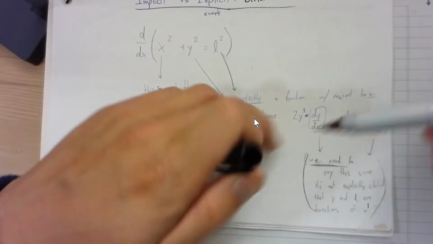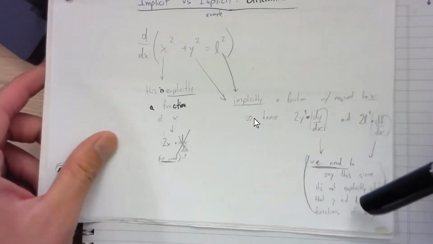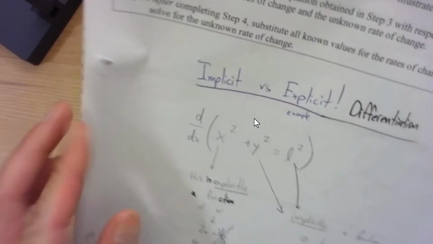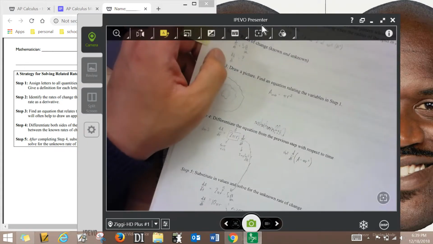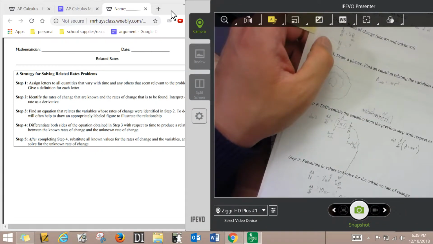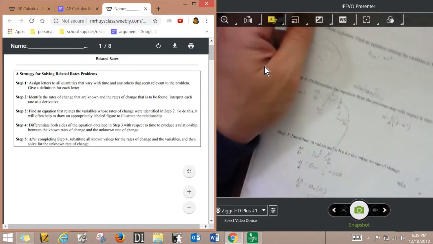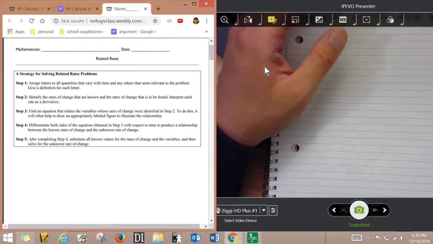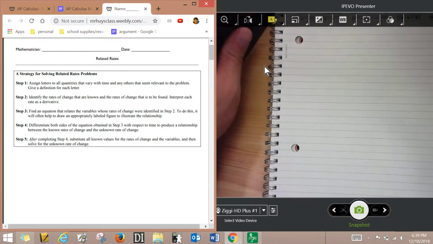That's a little old artifact of previous years I've taught, so it's not perfect in the way I wrote it. Okay, so let's have this here. Let's cover this up, okay? All right, so I'm going to be going back and forth between.